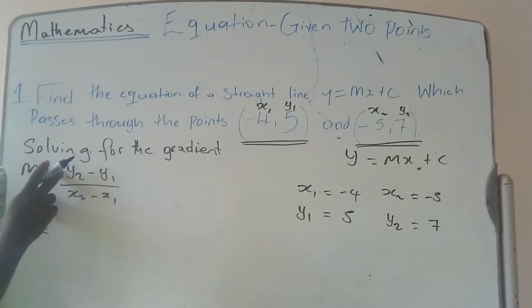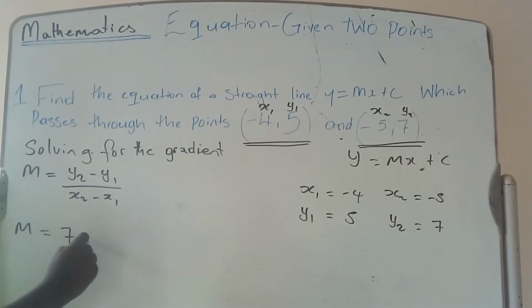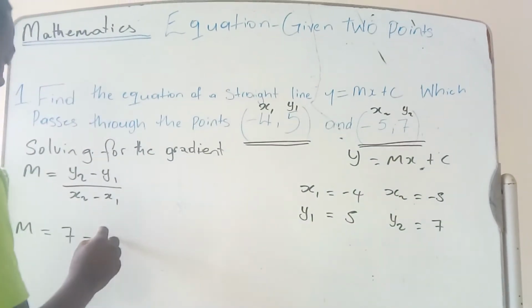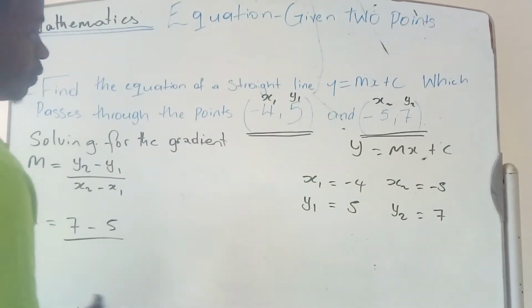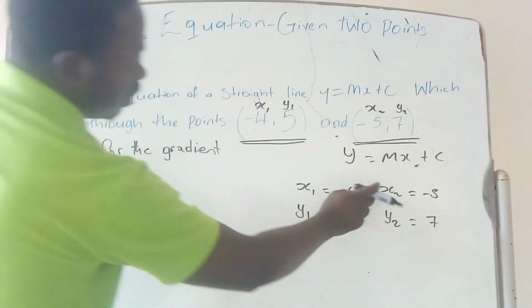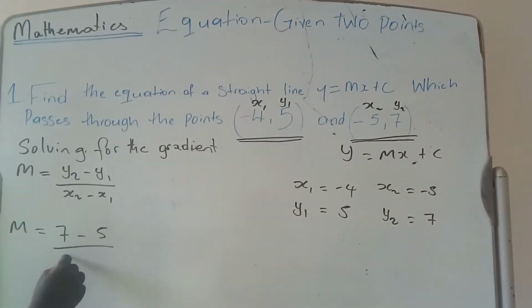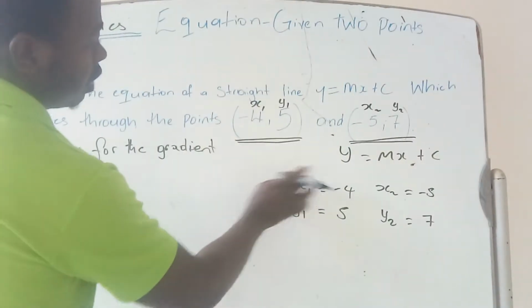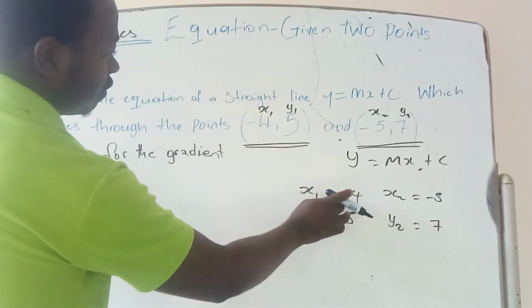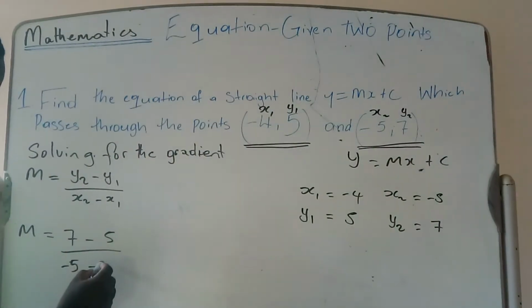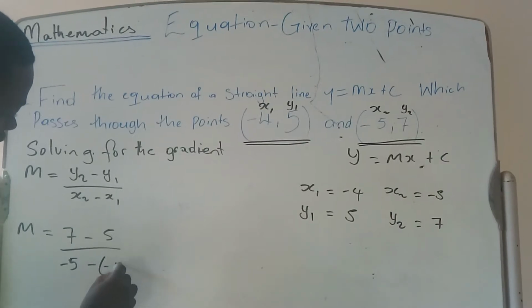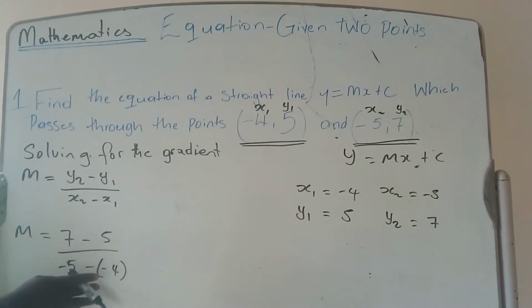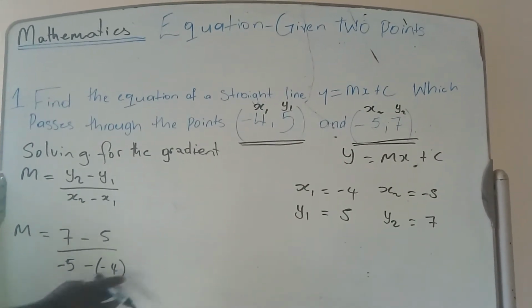So instead of writing y2, I am going to write 7 minus y1 is 5, so it is 7 minus 5 all over x2, but the value of x2 is -5, so you replace it, -5 minus x1 here is a -4, so ensure that you put a bracket and put -4. This will help you not to make a simple mistake by writing -4 instead of minus minus 4.